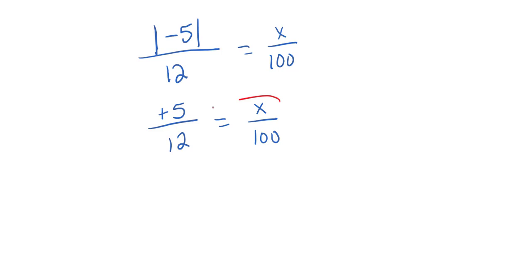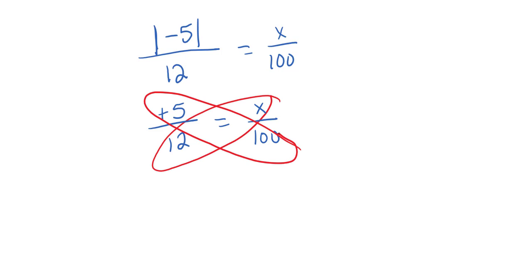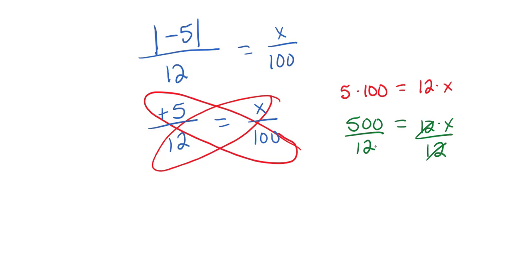So let's do the butterfly method. We go 5 times 100 and 12 times x. In order to get x by itself, 5 times 100 would just be 500. 12 times x, we divide by 12 on both sides.